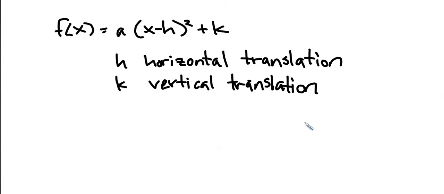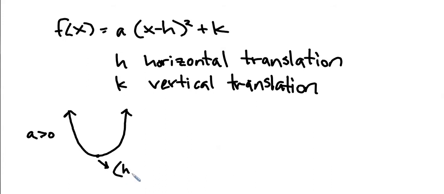Okay, so let's talk about the range. If we have a quadratic that opens up, remember, this is the case that a is positive, greater than 0, then of course we'll have a minimum. And right here is our vertex, which would be the point h comma k.